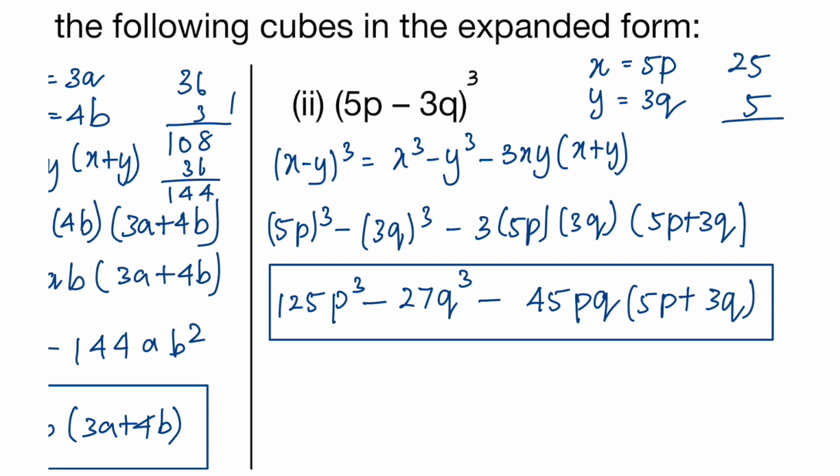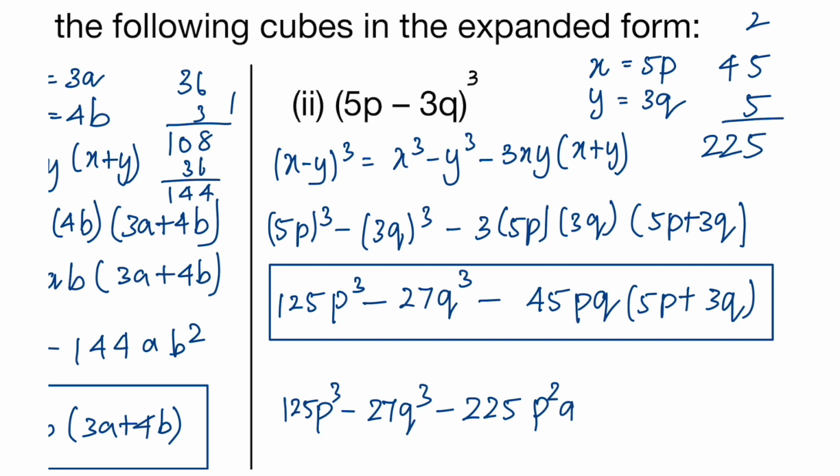You can leave it right there, or if you want, you can further multiply that as well. So 125p cube minus 27q cube minus 45 times 5, which is 225, so 225p squared q, plus 45 times 3, which is 135, so 135pq squared.